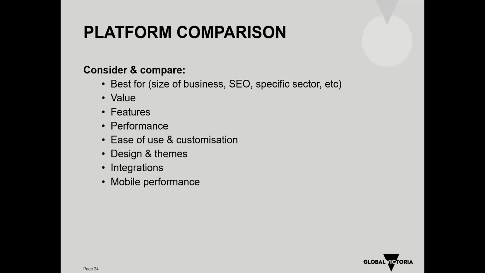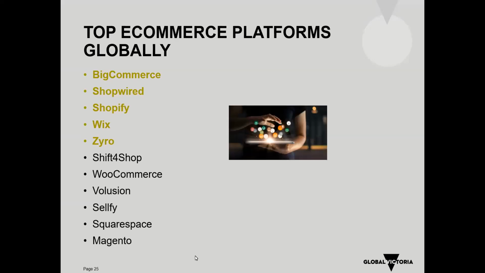Anything that you want that is more complicated, better looking, etc., might cost more. So understand how that works. How does this platform integrate with anything that you might already be using? And that includes things like payment gateways, but it could also include stock management systems, content management systems, and so forth, and the all-important mobile performance.